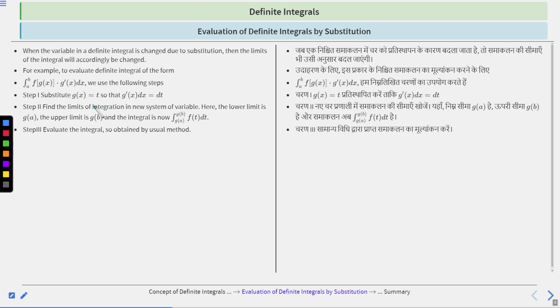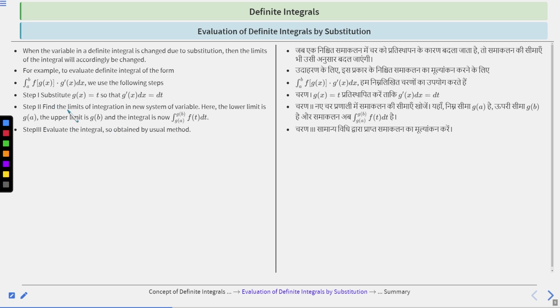Step 1, substitute g x is equal to t, as a similar thing we have done in indefinite integrals, right? That's why I repeated that all the substitutions and all the different types of methods of integration will be the same as the indefinite integrals. Only some new methods will be added, right?